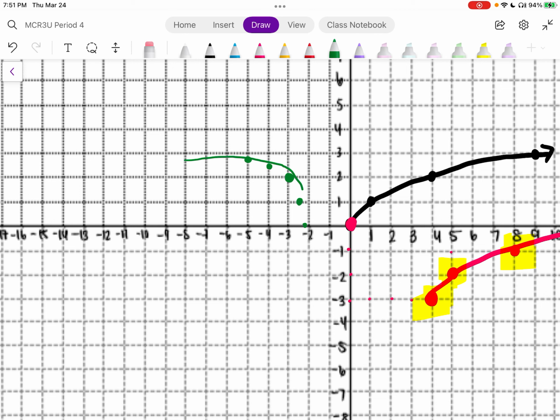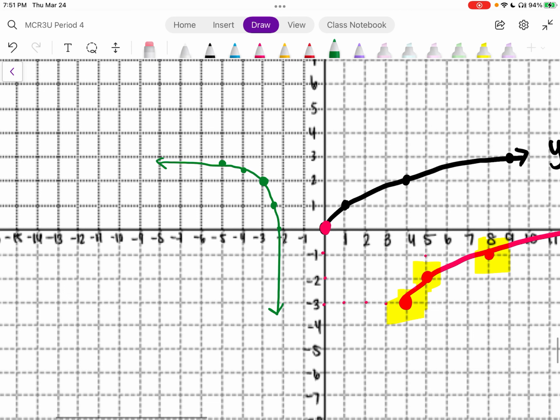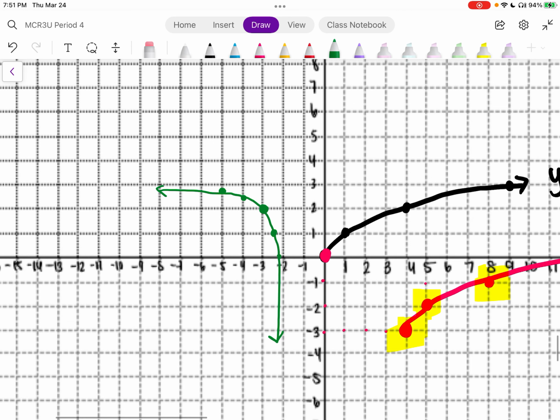So my graph is going to look something like this. Obviously, you're going to do a better job. Maybe I'll even do a better job on this. We know that the reciprocal function looks like that, and we know the reciprocal function also has the other side.